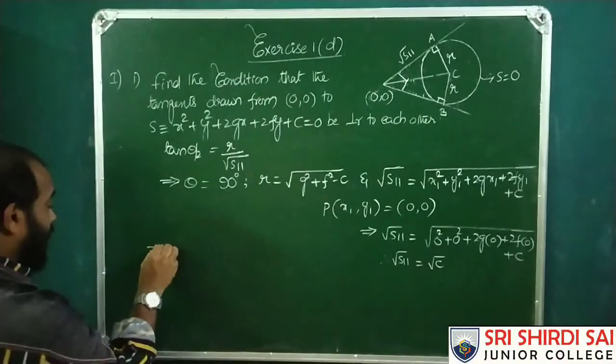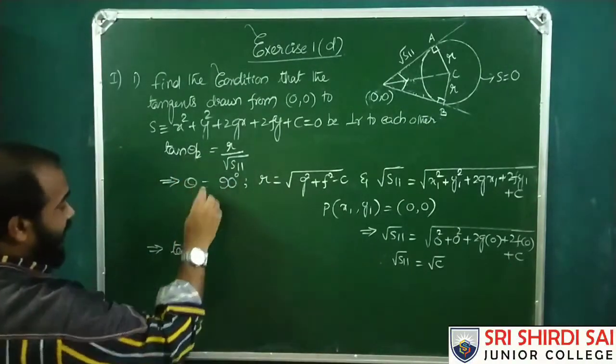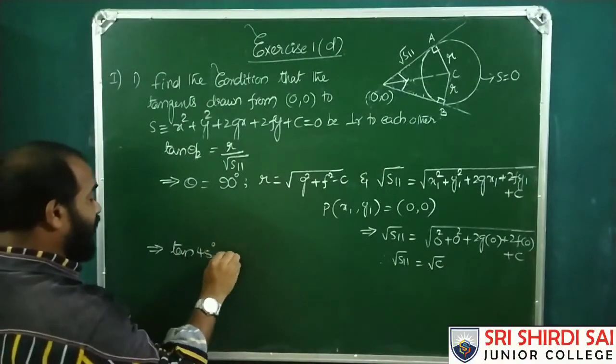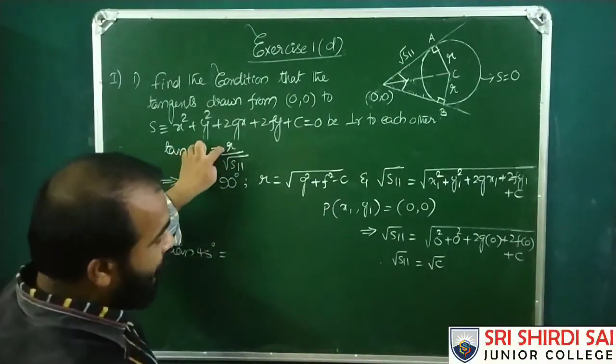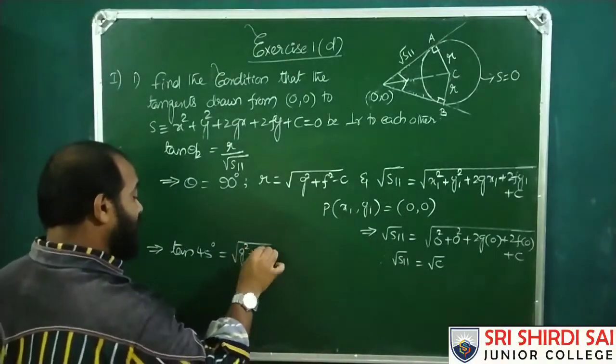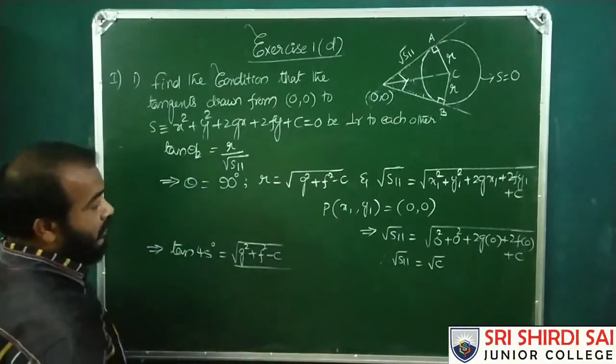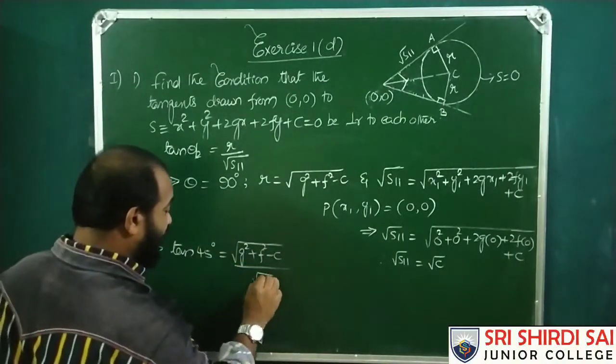Now theta is 90 degrees, so theta/2 is 45 degrees, and tan 45 is equal to R, which is the square root of g square plus f square minus c, divided by root S11, which means root c.